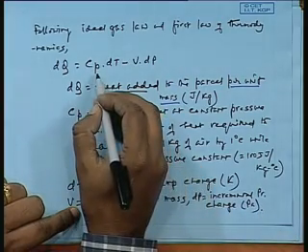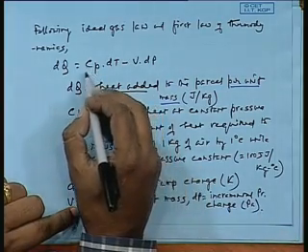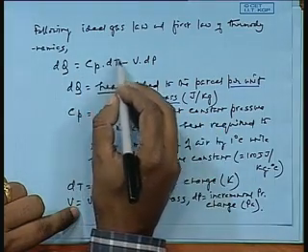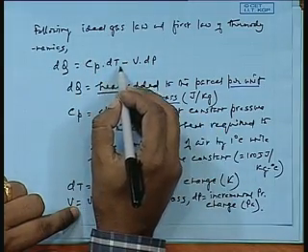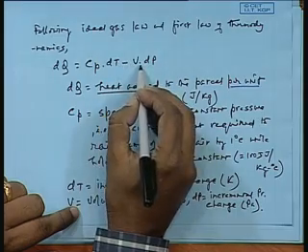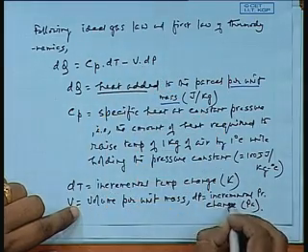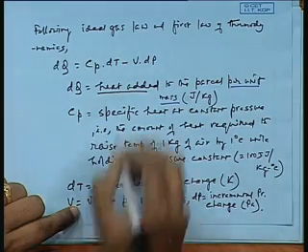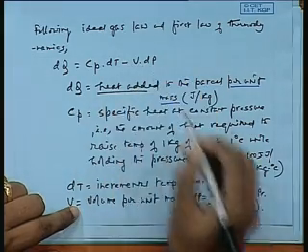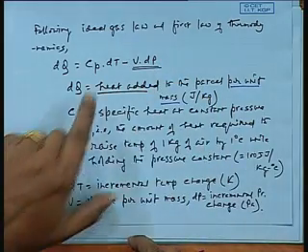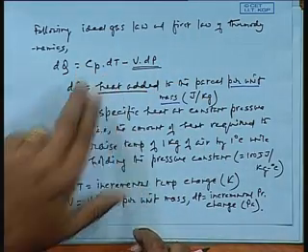So, there are two changes that would take place here. The heat added to the parcel would be essentially Cp into dT, but there would be some pressure that would be lost in the volume per unit mass and the incremental pressure change. So, mass into volume: this is what is to be reduced from this Cp into dT.